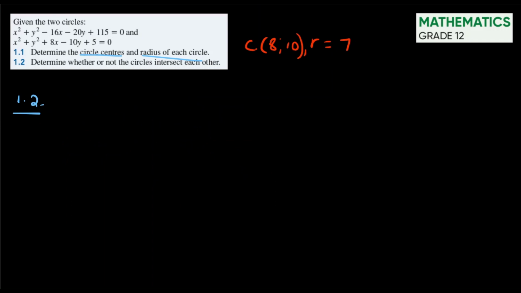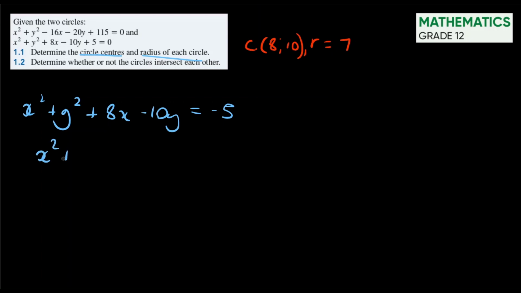And we can move on to the next question. I'm so excited for the next question, I'm already rushing to it. So it's x squared plus y squared plus 8x minus 10y, and we can take the 5 to the other side of the equation, and then we can tidy our equation by putting the x's together. x squared plus 8x plus y squared minus 10y minus 5. We repeat the procedure.